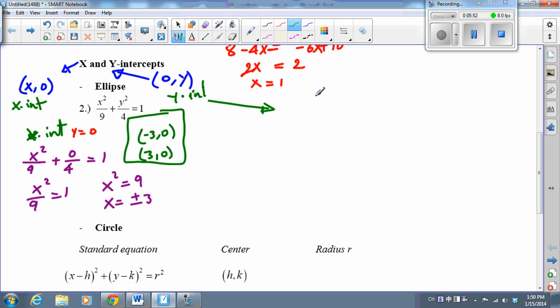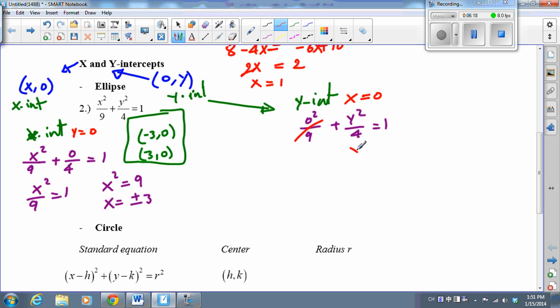Now I will do the y-intercept as well. For the y-intercept, all I have to do is plug in x equal to 0. I will have 0 squared over 9 plus y squared over 4 equal to 1. The first portion on the left side cancels because that's just 0.